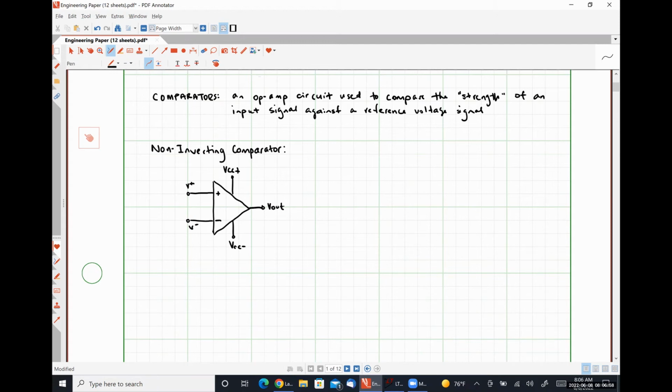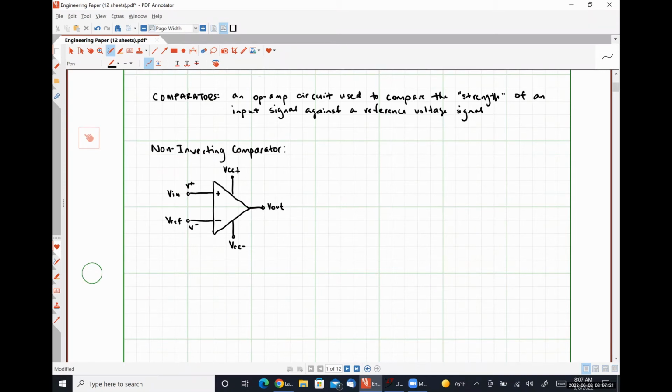So in a non-inverting comparator, our input signal, Vn, is applied to the non-inverting input terminal, and our reference voltage, Vref, is applied to our inverting input terminal.